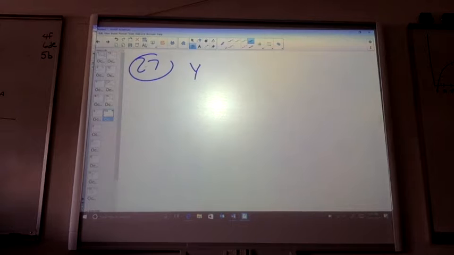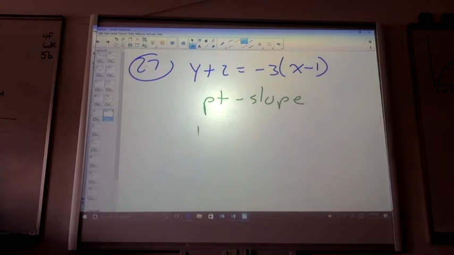So I have y plus 2 equals -3x minus 1. This is point slope. Okay, so what is my point going to be? It's always opposite ends here. 1 and always opposite here. Done. There's my point. What is my slope? -3.